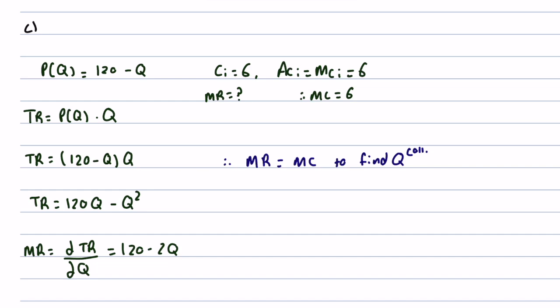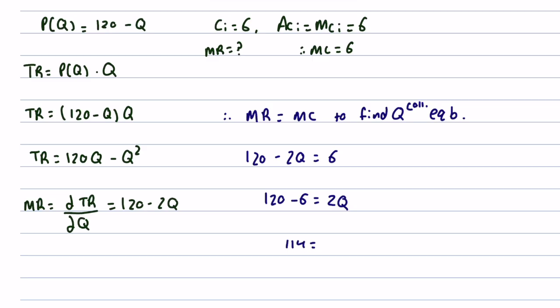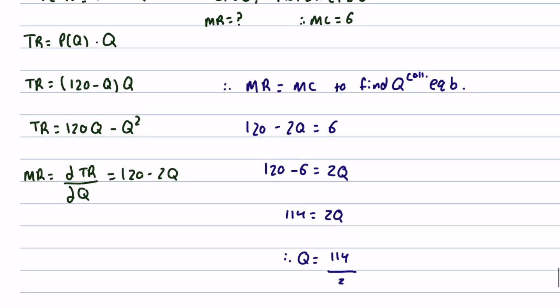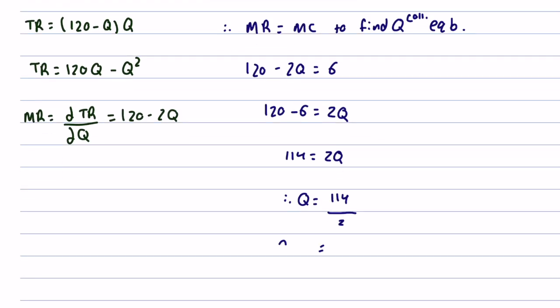So therefore, we're going to set marginal revenue equal to marginal cost to find Q collusion equilibrium, right? So we know 120 minus 2Q is going to be equal to 6. If we do a little bit of rearrangement, we know 120 minus 6 is going to be equal to 2Q. 114 is going to be equal to 2Q. So therefore, Q is going to be equal to 114 divided by 2. So Q collusion is going to be equal to 57.